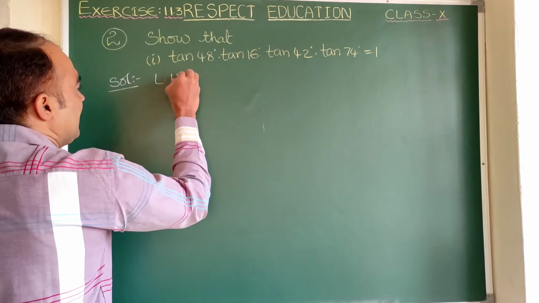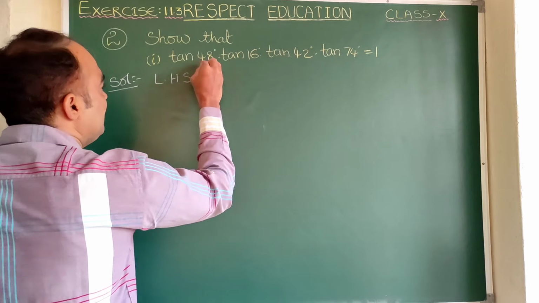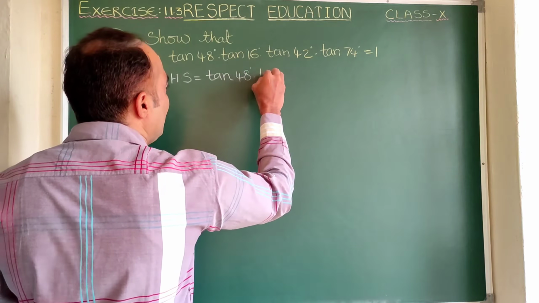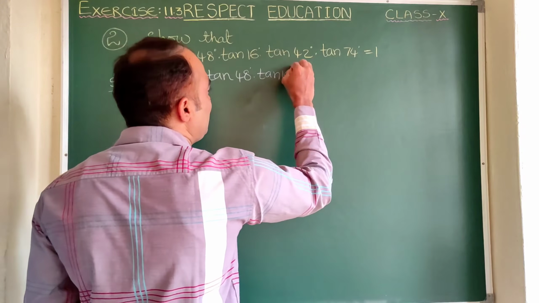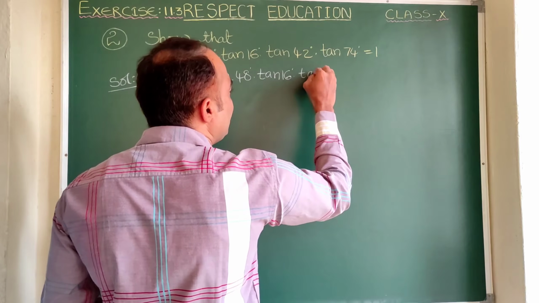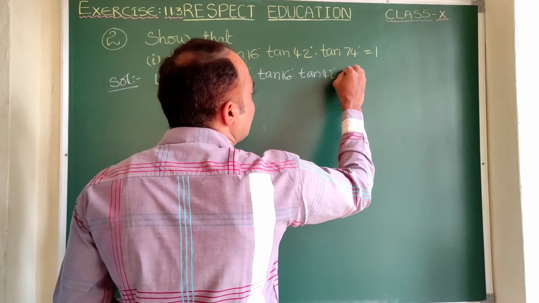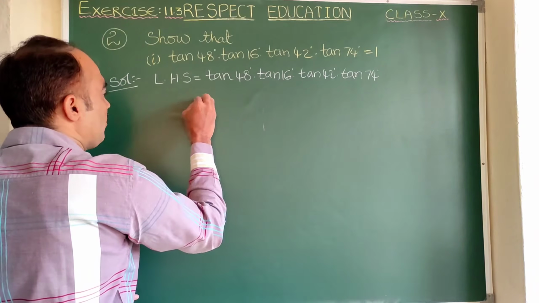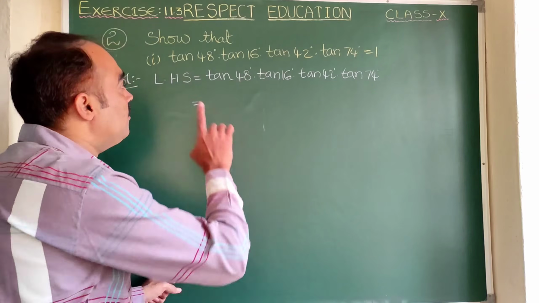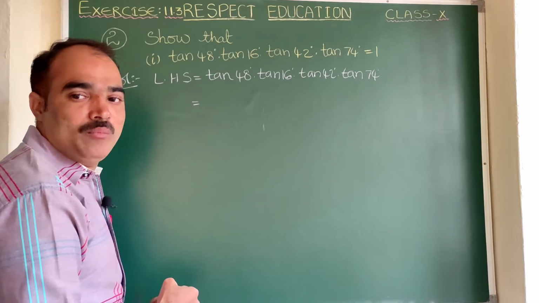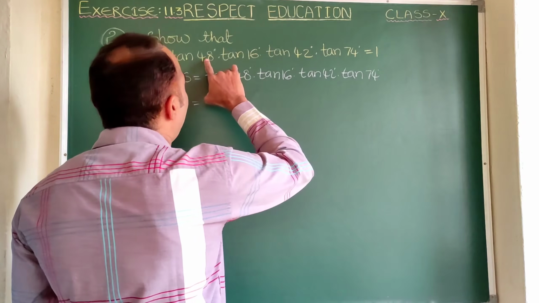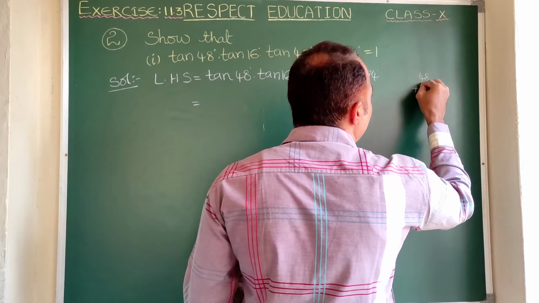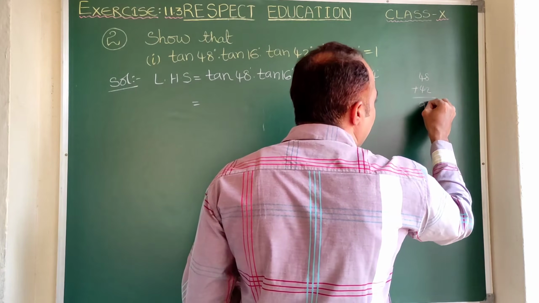So consider LHS. Let us write the question: tan 48 degrees into tan 16 degrees into tan 42 degrees into tan 74 degrees. Now before starting the problem, let us check which pair of the given angles are complementary. Here you see 48 and 42, you add them, 48 plus 42, what is the total? 90 degrees.